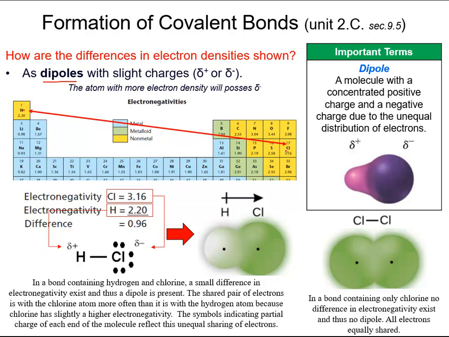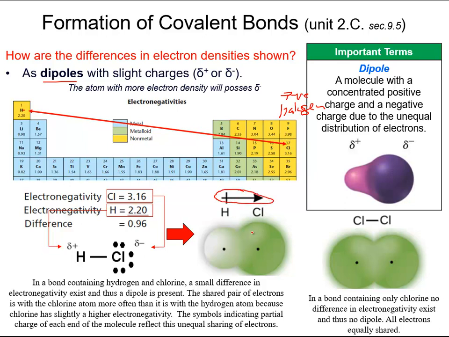Forget that. It's more attractive because it's a halogen. Remember that? Halogens have 7 valence electrons, and need one more valence electron to be a noble gas. So chlorine, because it's more attractive, pulls the electron closer to itself, hence the dipole sign.